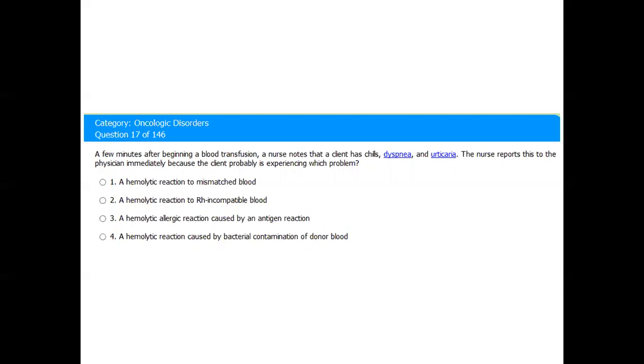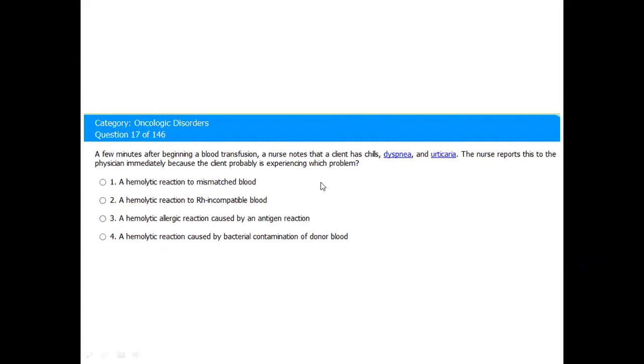Or some patients have a febrile reaction, or a headache, tachycardia, and tachypnea, and febrile means body temperature rises. Or the patient comes with an allergic reaction.